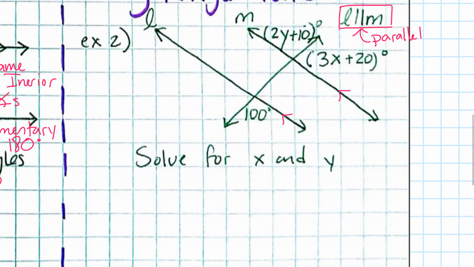So I'm going to solve for y first. 2y plus 10. It really doesn't matter which one you solve for first. I just choose y. So what angle should we compare that angle to? Yeah, the one that actually tells us the degree in degrees. So 2y plus 10 is what type of angle pair with the angle that is 100 degrees?